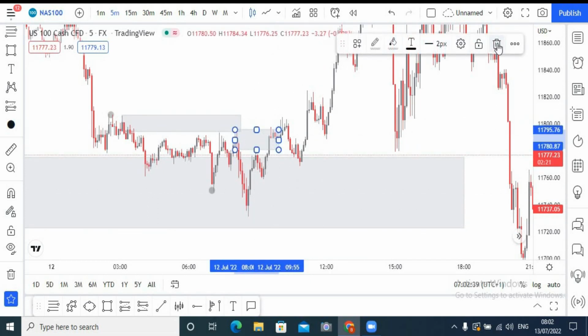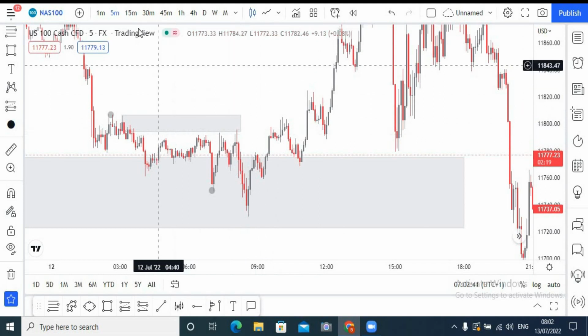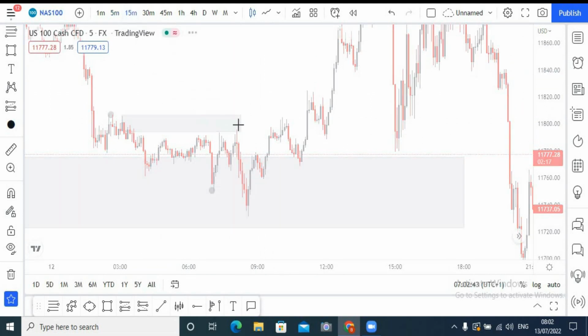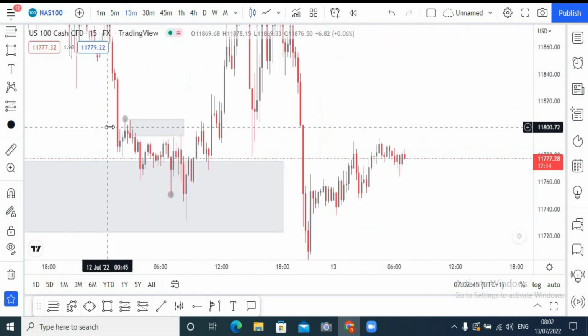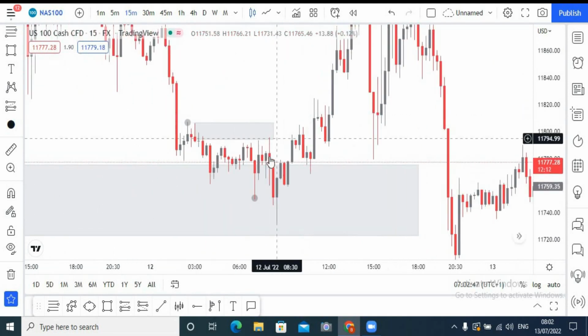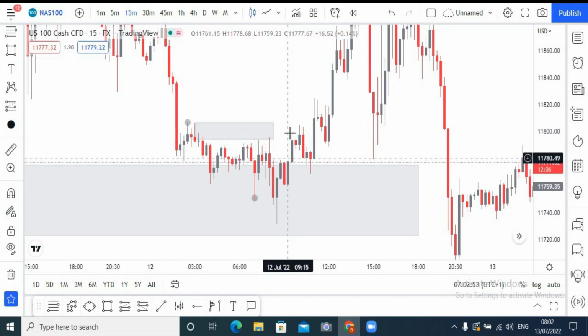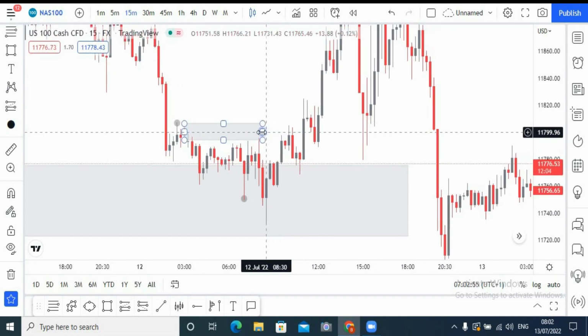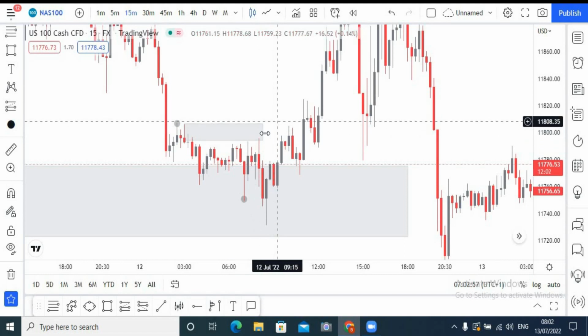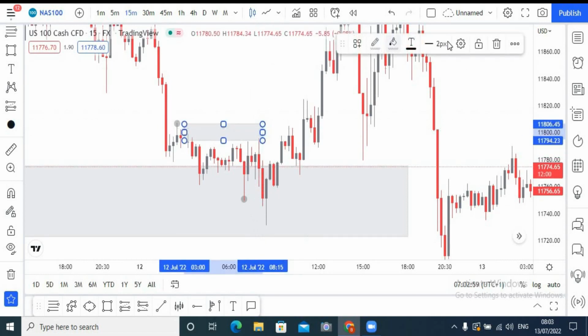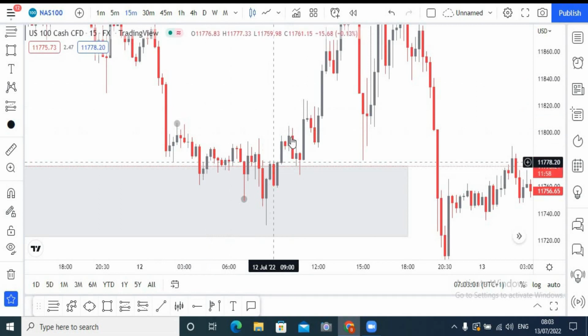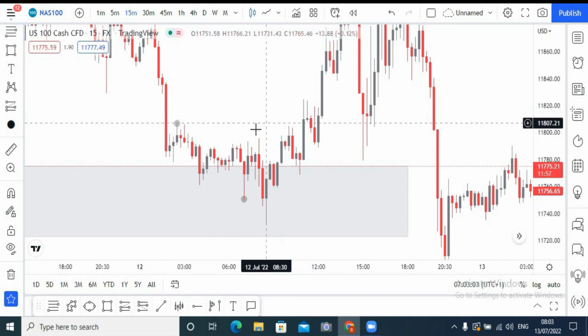But what actually happened, if you go to 15 minutes time frame, right here, you now see that this zone was never being respected, because they have given you a fast move. So what the price will do now, when they do something like this means that the price is going to the upside, right?